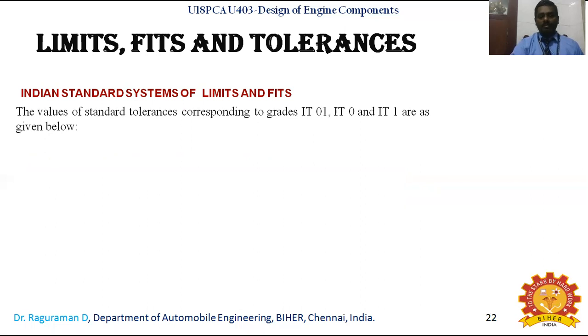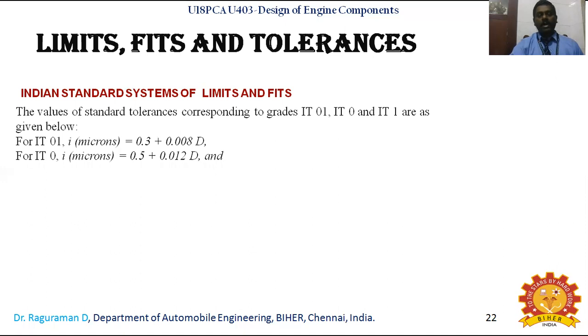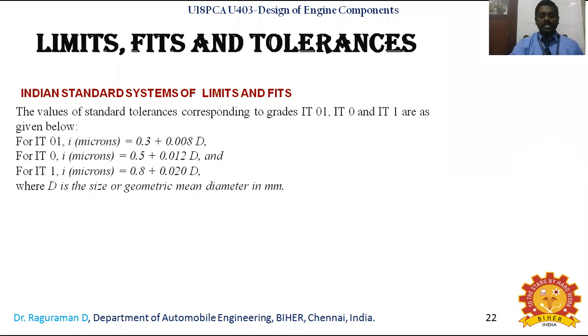One example problem you can also see so that you can understand this concept. The values of standard tolerances for grades IT01, IT0, IT1 are identified using these empirical relations. For IT01, 0.3 plus 0.008D; for IT0, 0.5 plus 0.012D; and for IT1, 0.8 plus 0.02D, where D is the geometric mean diameter in mm.